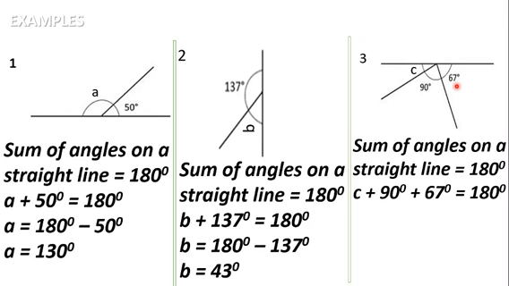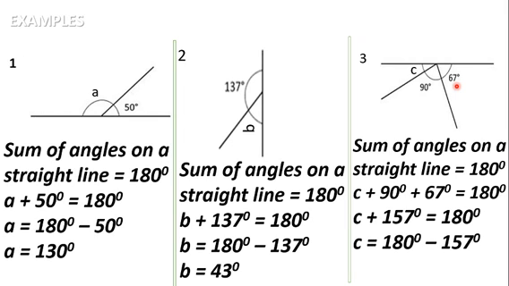Of course 90 and 67 will give us 157 degrees. So if you subtract 157 degrees from both sides, then you get 23 degrees as your final answer. So basically that's what to do in those cases.